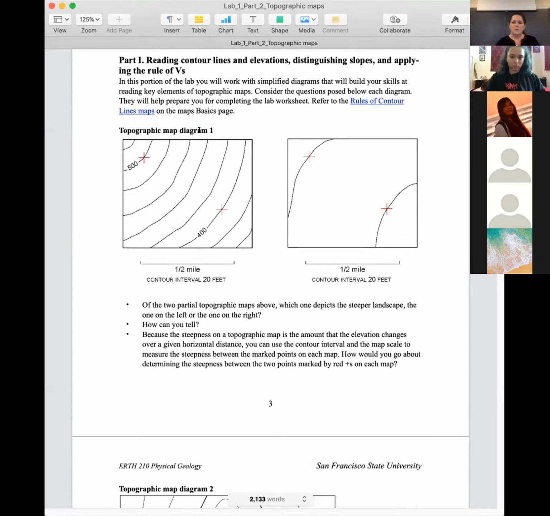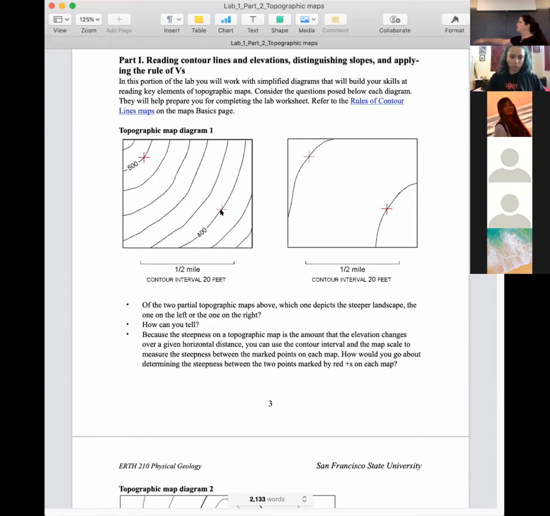Versus this map, same mental exercise, same chairs, I'm standing on the same red X, the same plus sign, and I look over there at that chair. Instead of below me, it's above me.